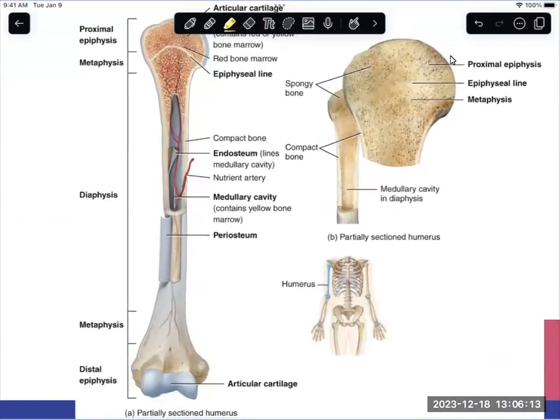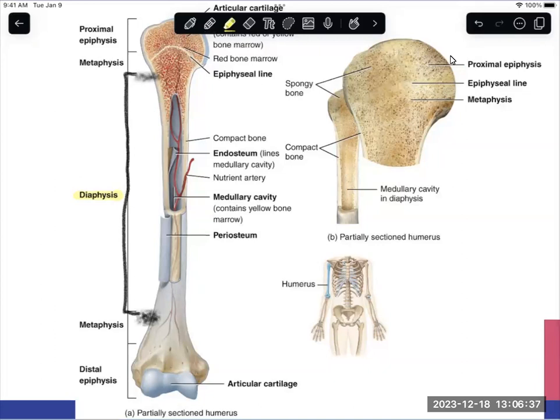So we have the diaphysis. The diaphysis here is that middle portion of that long bone. It's also known as the shaft of the bone. So this whole area from here to here, that's the shaft of the bone.